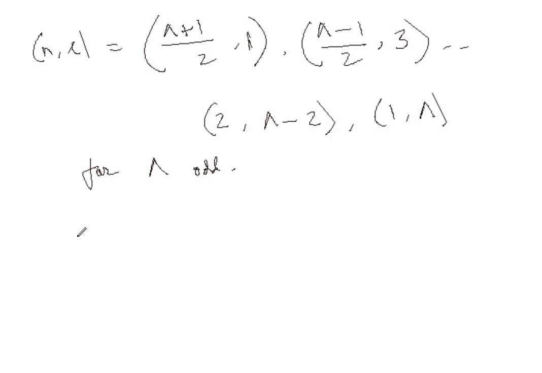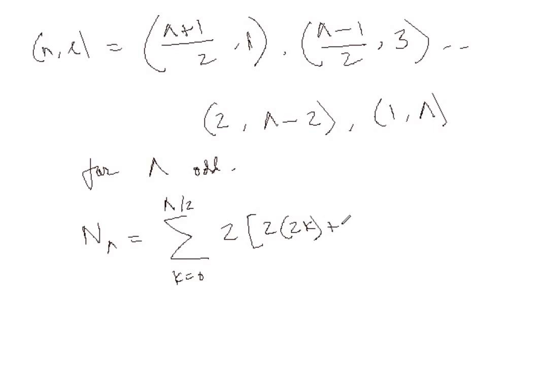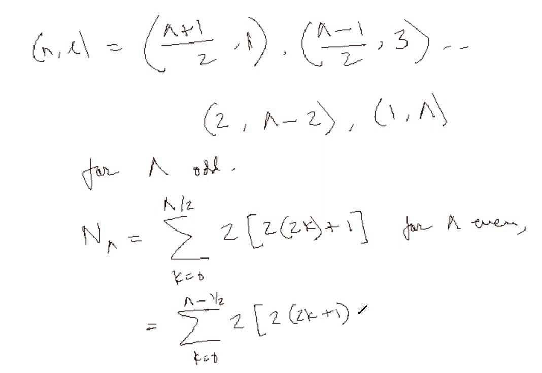Now we obtain that the neutron and proton numbers with eigenvalues E lambda are given by these values, for even and for odd.